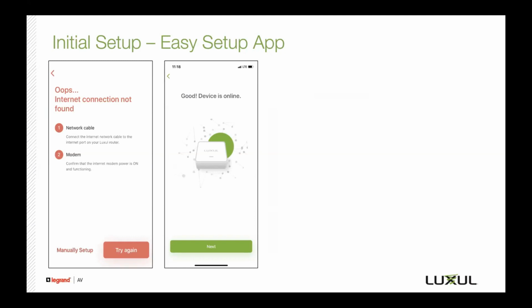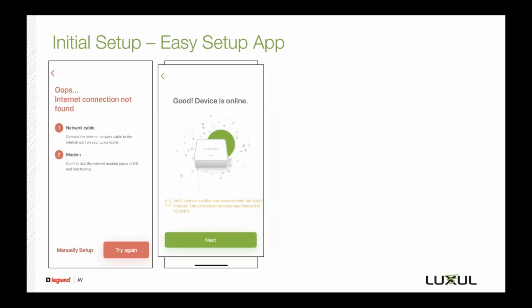On those chances where you see this red oops screen and you click try again, it is possible that you will see this screen come up where in orange it will tell you that an IP address conflict was detected and I've moved the node to a different IP subnet to avoid that conflict. Here's where this becomes important and really kind of cool and easy for you from a setup standpoint.